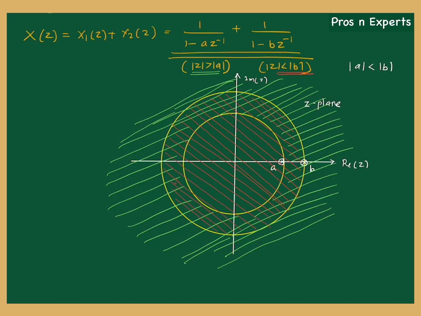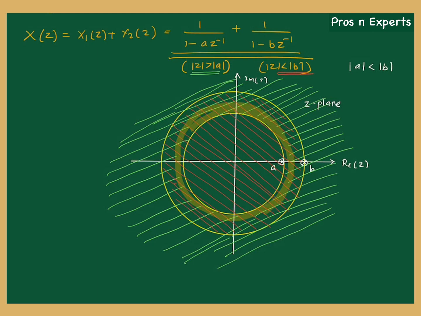So the red-shaded and the green-shaded regions are the individual ROCs of the particular terms. Now, what is the ROC of the total z transform? It will be the intersection. And what is the intersection? The intersection is nothing but this area, the area between a and b. So I can shade this portion, right?